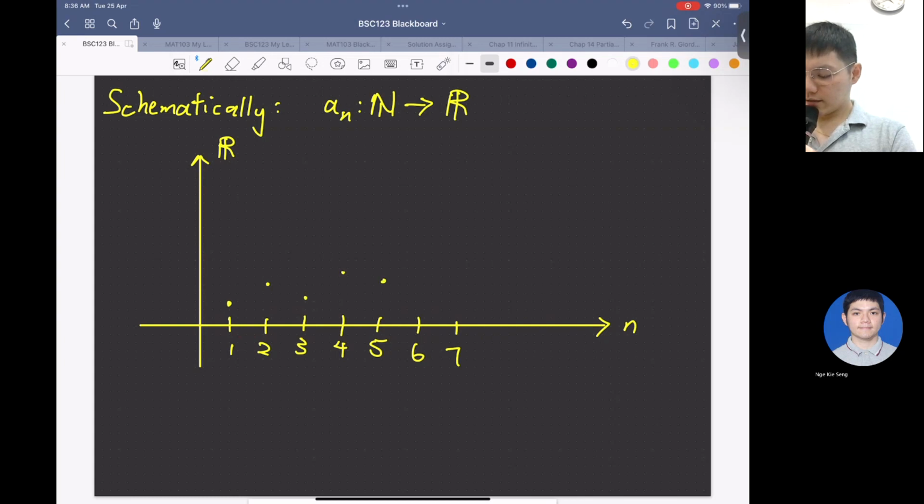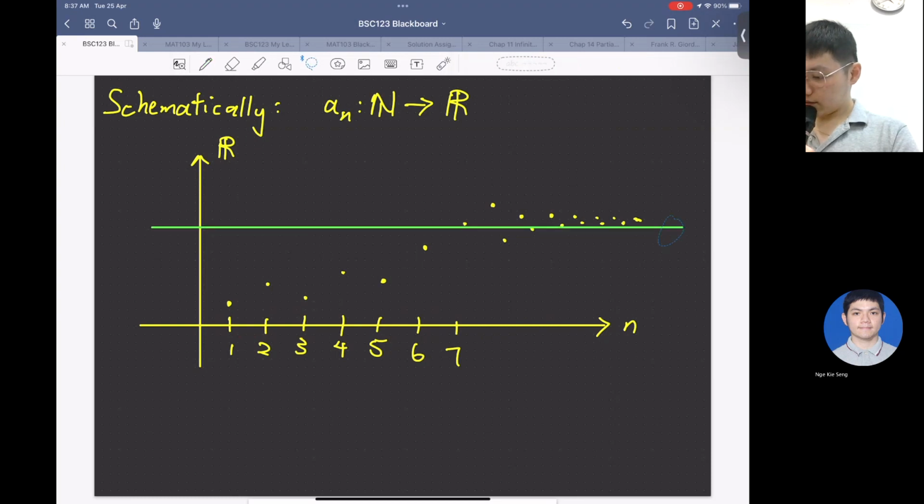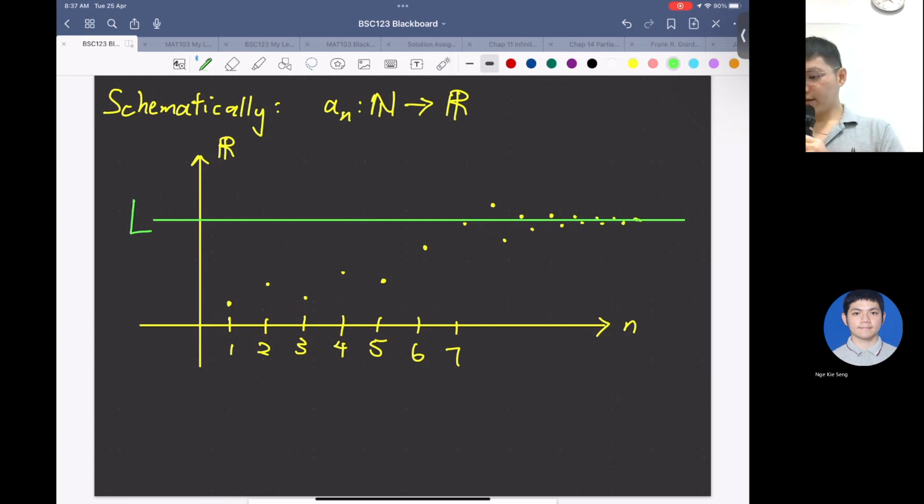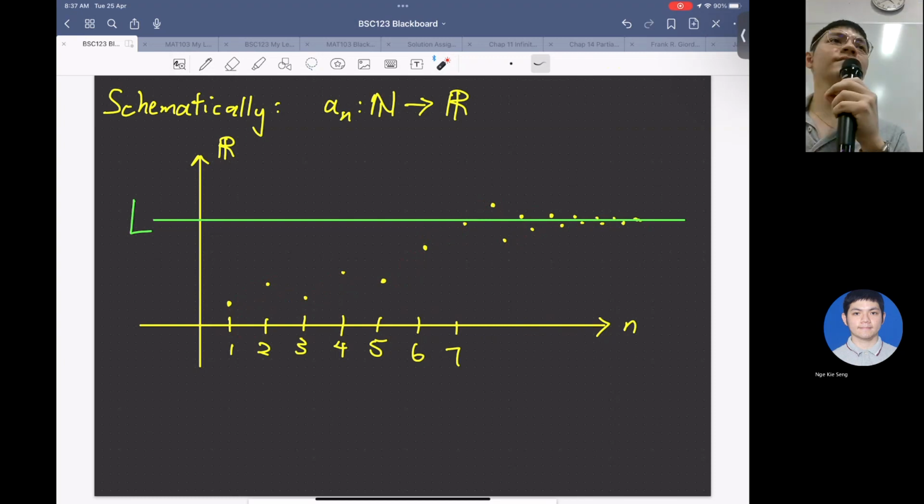This sequence will look something like this, maybe jumping around, and when it converges, it will be getting closer together around a certain point, and the limit will lie around here. You can see that this sequence is getting as close as possible to this line, and then we say that this sequence converges. This is the picture of a sequence converging.